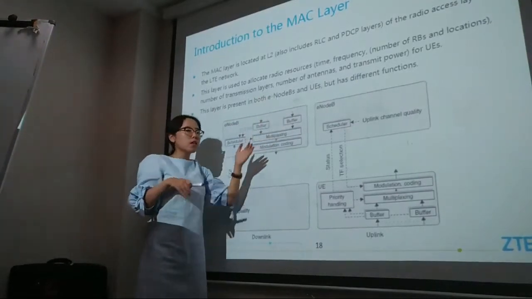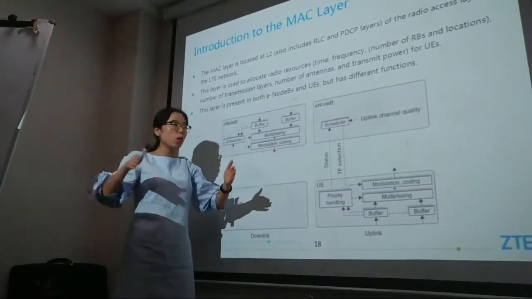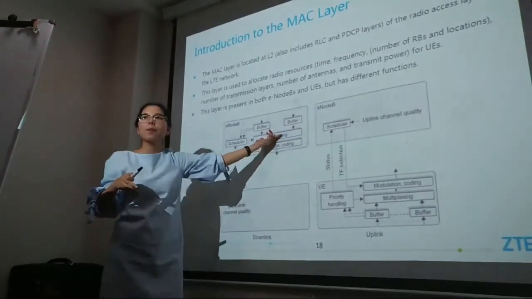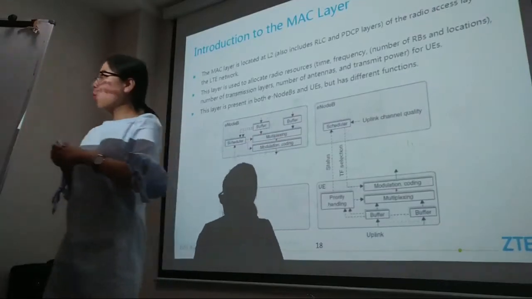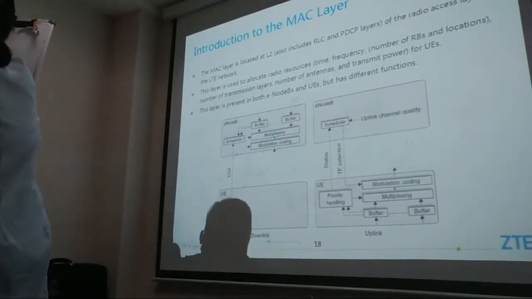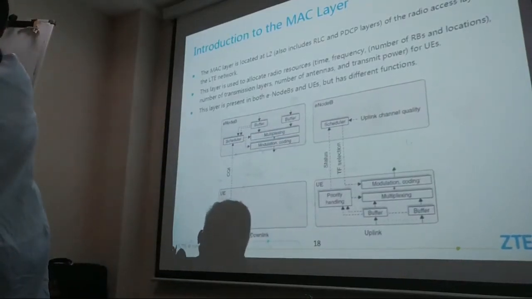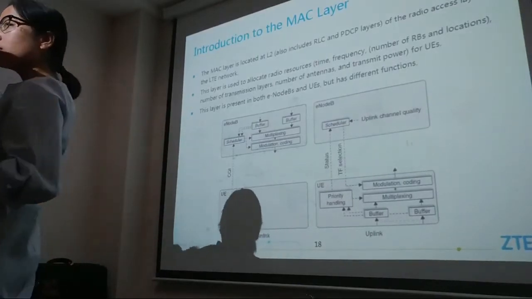So for the different kinds of information, maybe we will multiplex them. That means in one MAC, this is the RLC information.